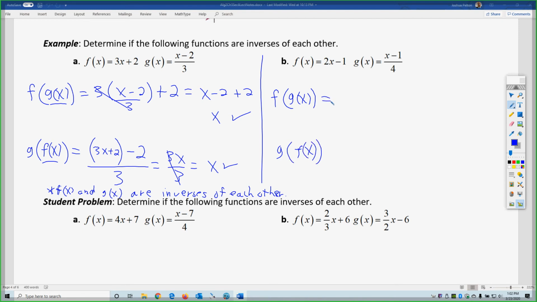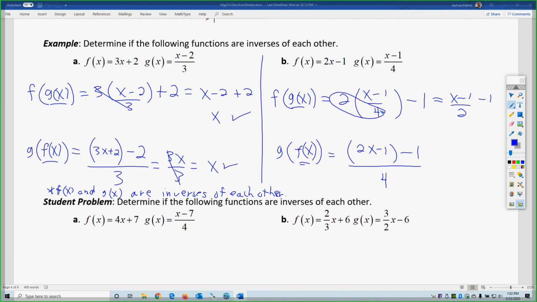So here we'll use f, which is 2x minus 1, and then here's g, which is (x minus 1) over 4. So we're going to plug in g, which is (x minus 1) over 4. We're going to plug in f, which is 2x minus 1. Well, that's going to leave me with (x minus 1) over 2, because that's a half, right?